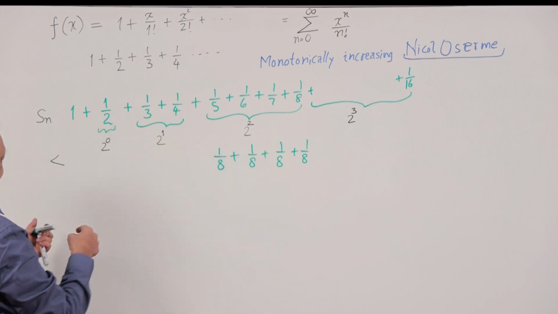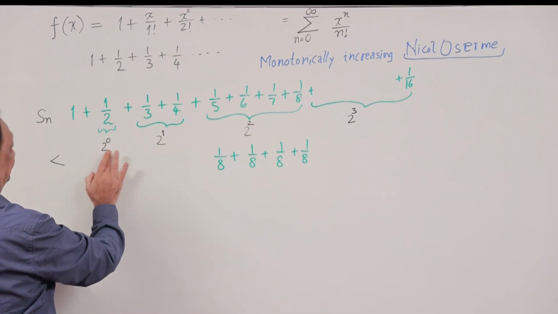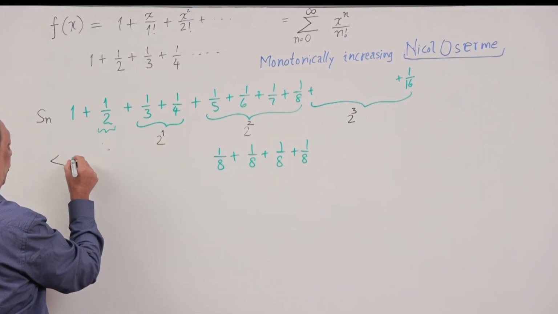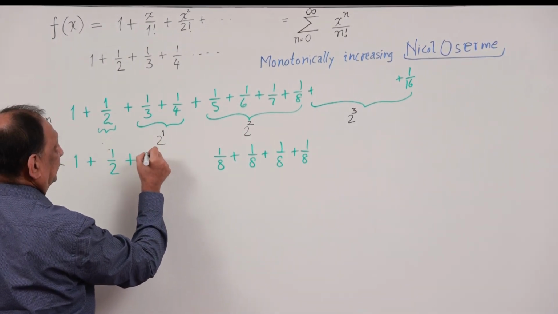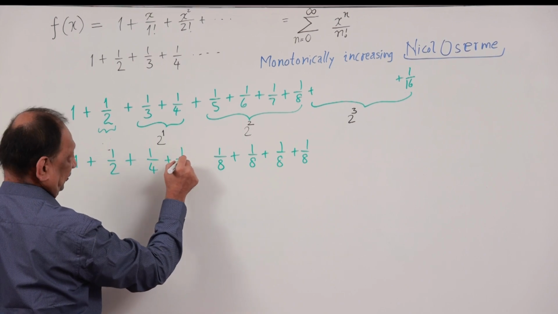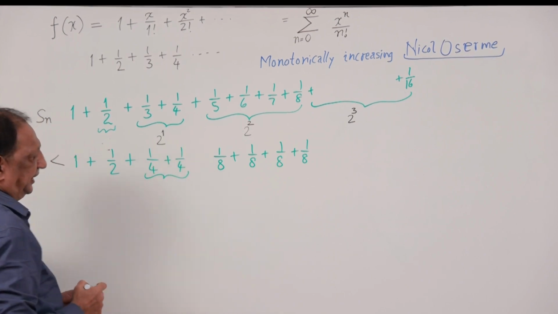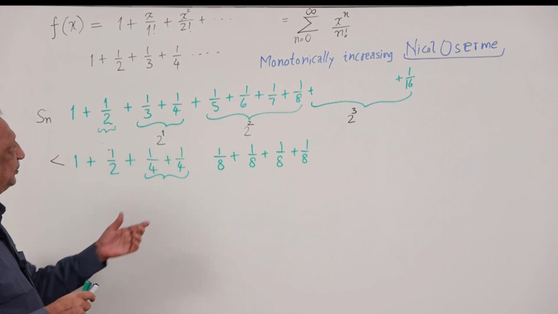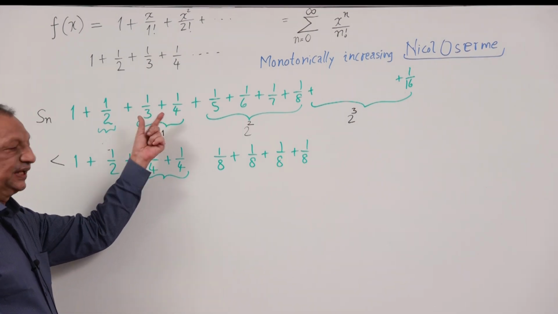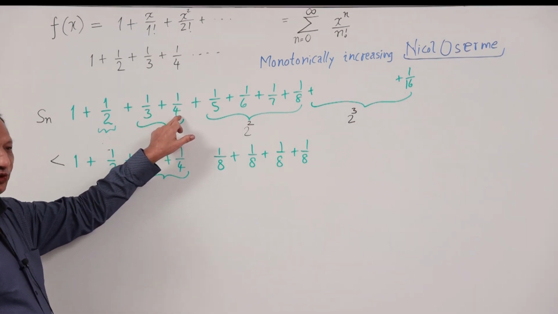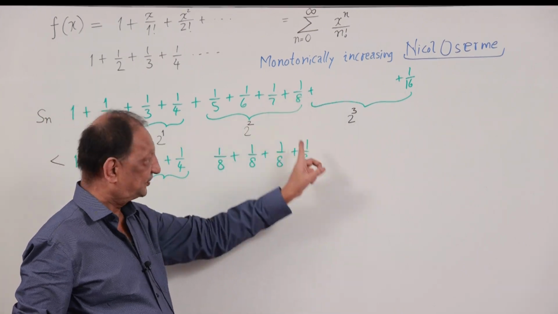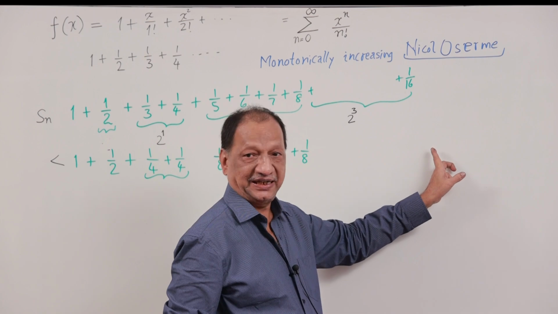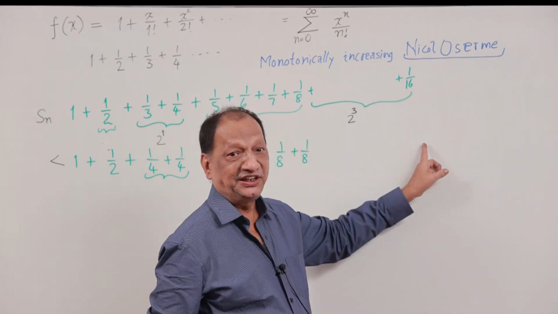So this total is greater than 1 plus 1/2 plus 1/4 plus 1/4, of course. Here I am adding 2 terms now. So first I will add 2 terms, replace them with the least of those, then take the next 4 terms, replace each of them with the least of those. Next take 8 terms, replace each of them with the least of those.